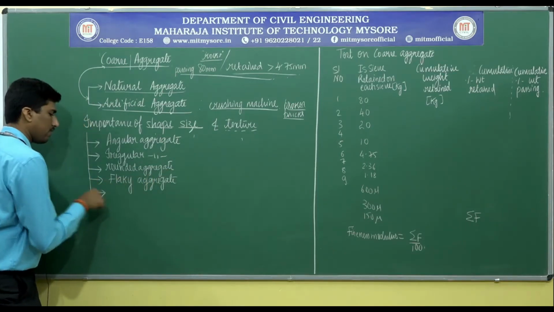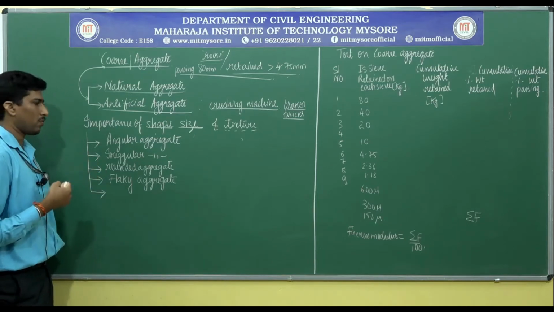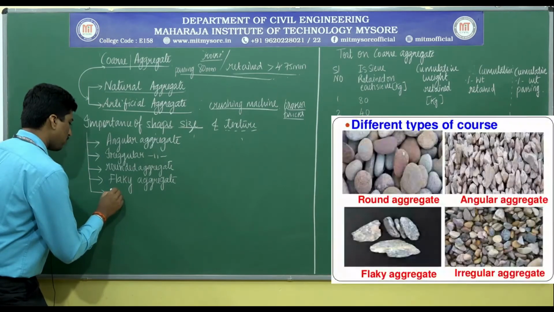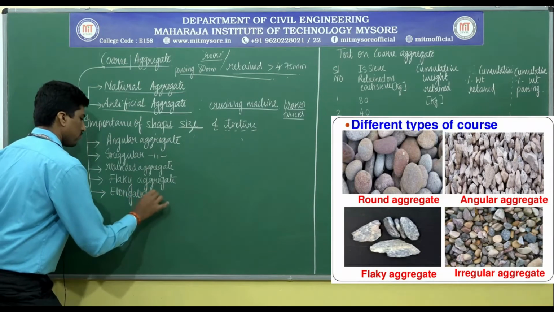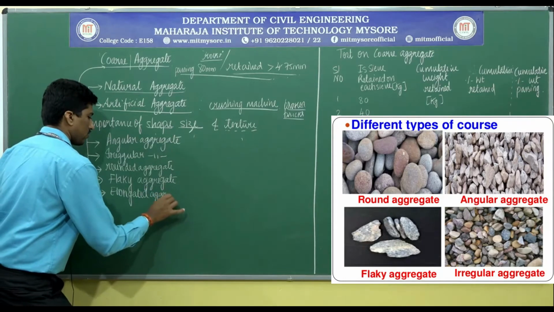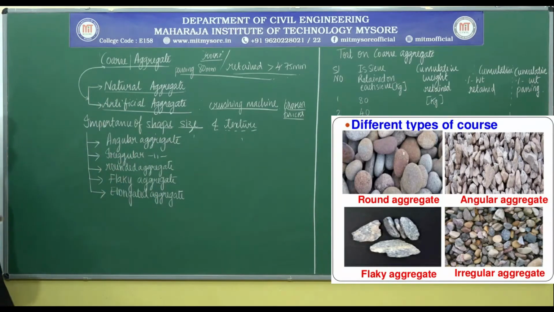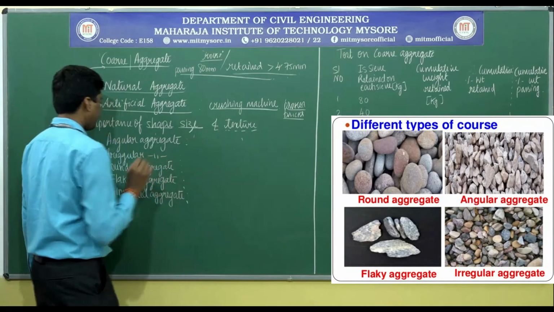And we also come across aggregates whose length tends to be more; if the length is more, we call it elongated aggregate. Let us get to know one by one.